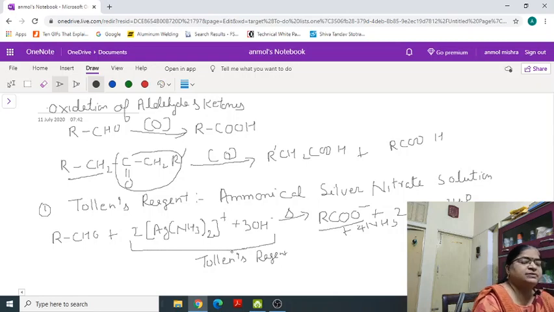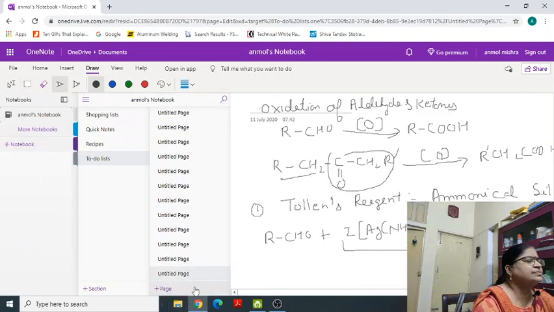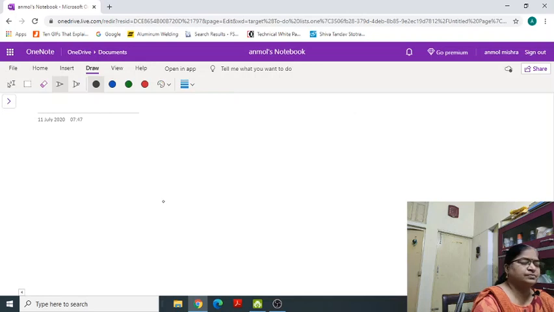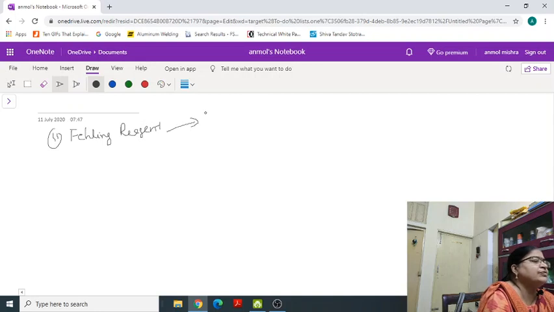Second is the Fehling test. Now Fehling reagent is made by two solutions.